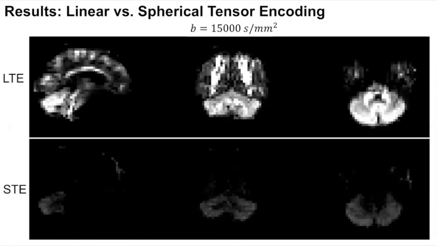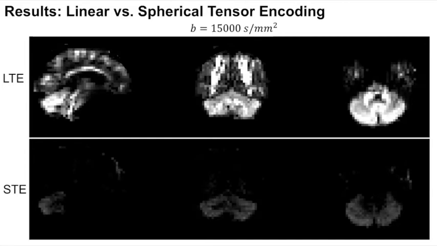This is to visually appreciate the difference in signal that we get from conventional diffusion encoding and spherical or isotropic encoding, so at very high B values. So here with linear tensor encoding, we still see a lot of signal. You also get signal from intra-axonal water, mostly.